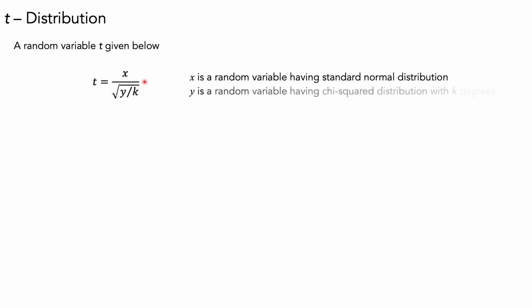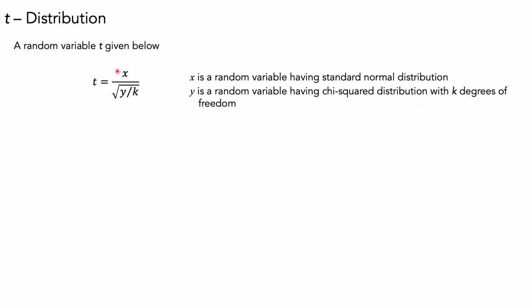Okay, now let's move towards another type of distribution of a statistic which is computed from samples collected from a normal distribution. So let us consider a random variable expressed as t, which is given like this. Here x is a random variable that has a standard normal distribution, but y has a chi-squared distribution with k degrees of freedom.